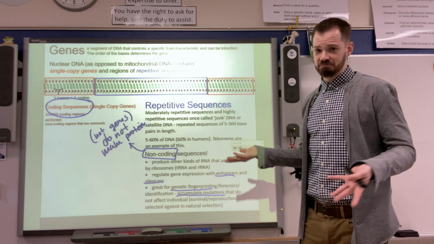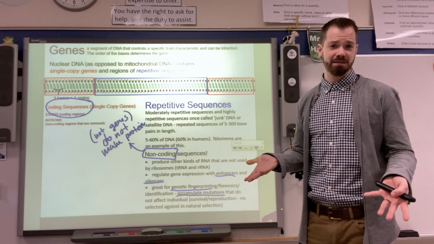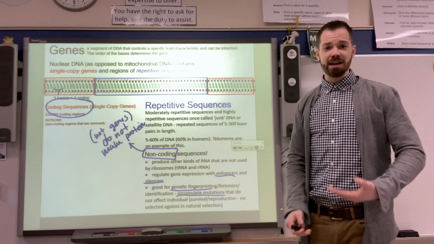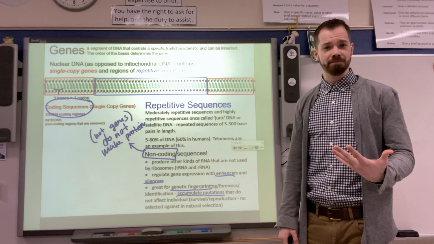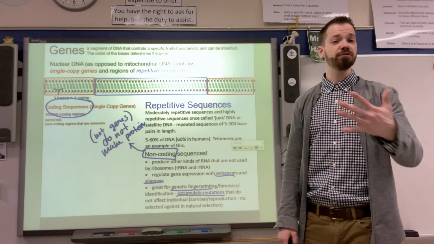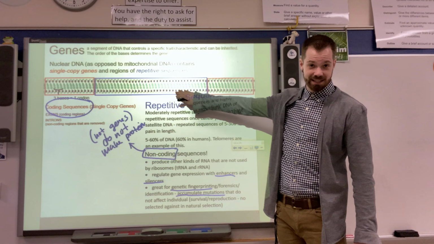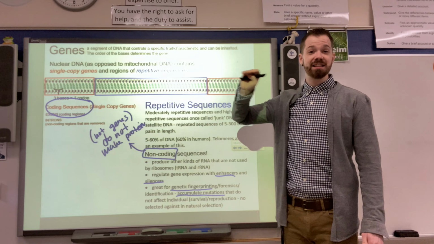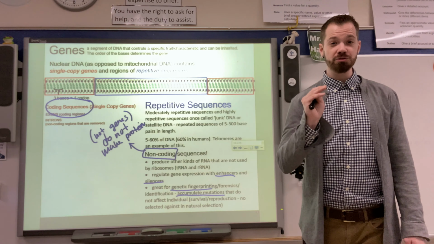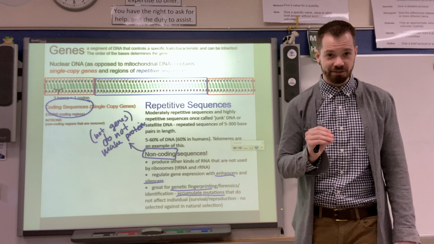It's a mutation that really doesn't show up for you or have any bad effects. And that means that they accumulate over time. Over many, many generations, you and your family lineage have mutations that have been silently sitting inside of your repetitive sequences, and they are mutations that only you and your family lineage have.